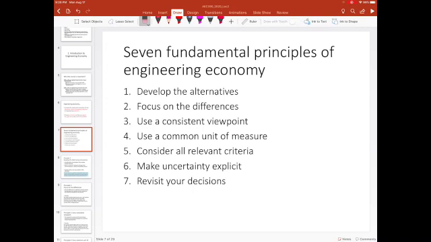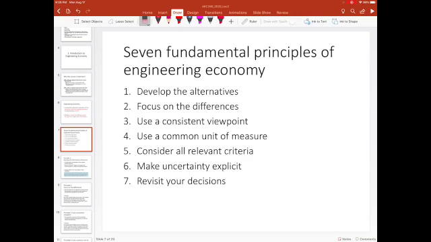That makes sense because whenever you have a problem to solve, you always have many ways to solve it, and that's why we're here to make a wise decision, right? If you only have one option, then there's no discussion about the choice. So develop the alternatives for your problem.